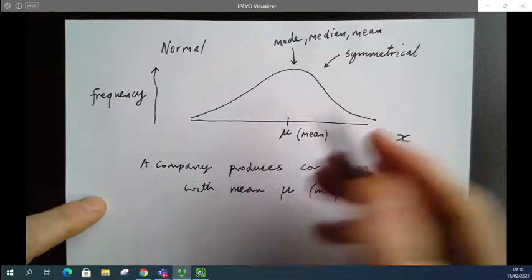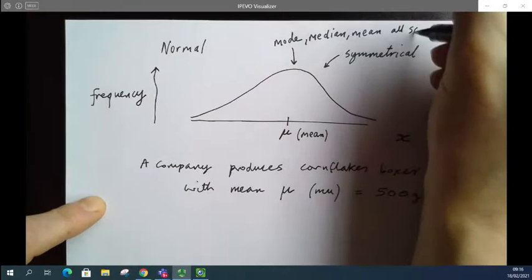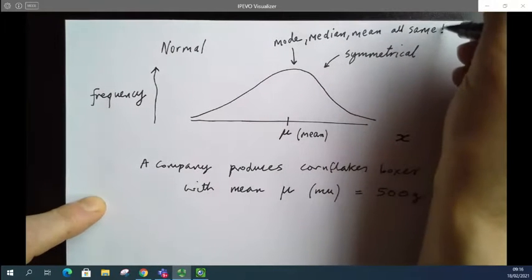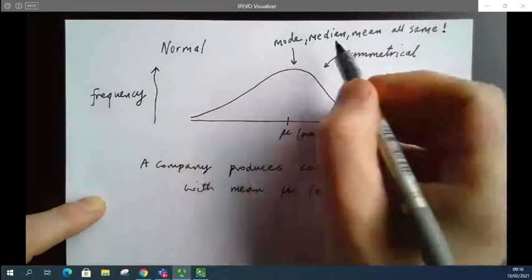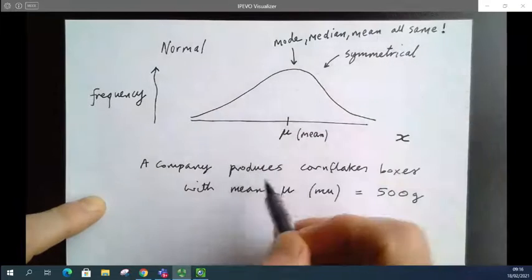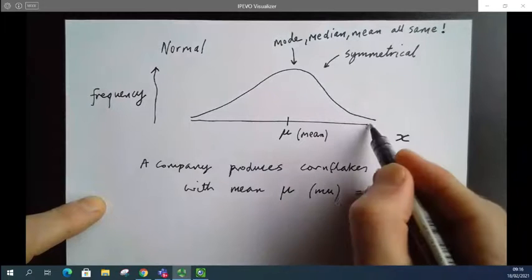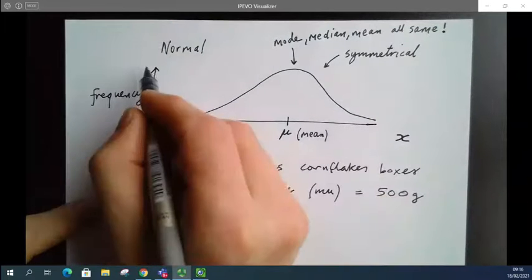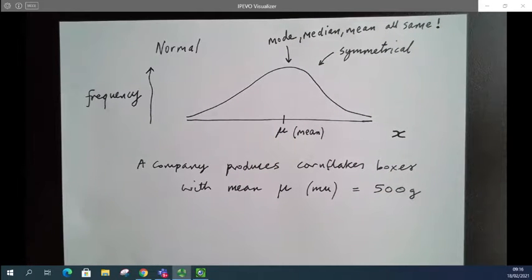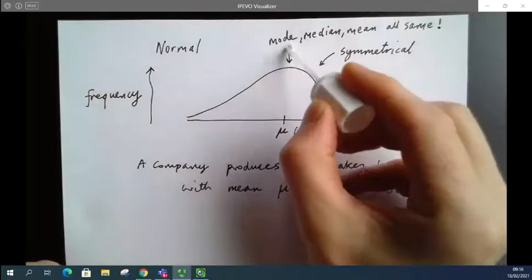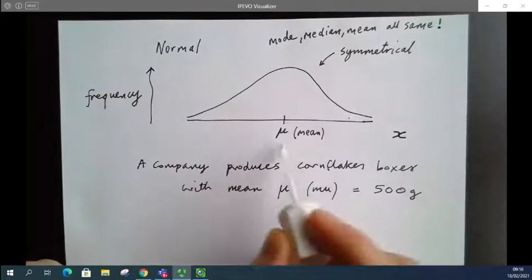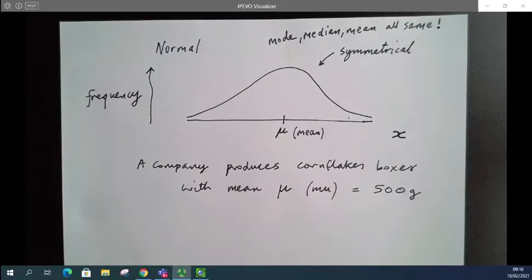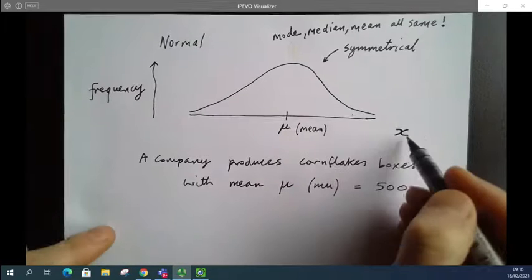They're all the same. That's one of the features. The mode, the median, and the mean are all the same in a normal distribution. And remember, this is the frequency here. I'm going to get rid of this arrow because it's a bit confusing to be pointing at the top of the curve. This is where the mean is. So on this x-axis, we would have grams.